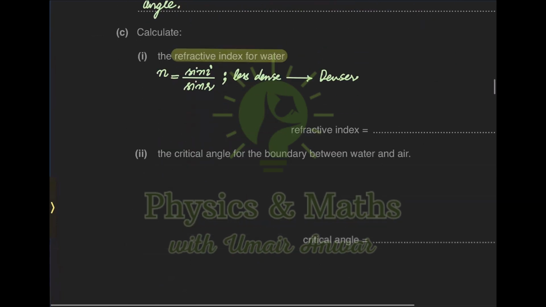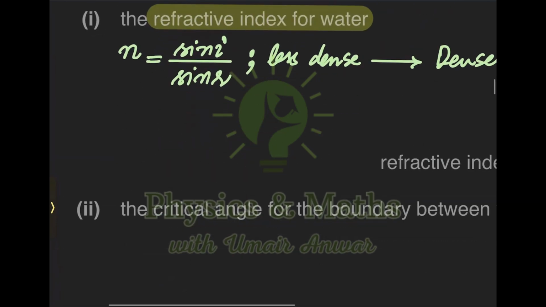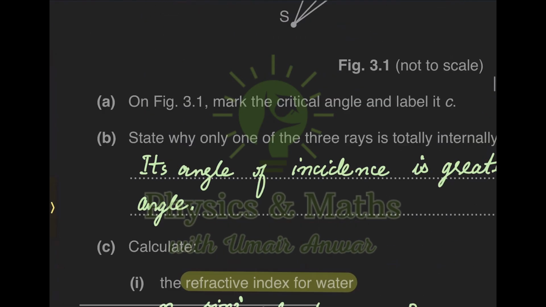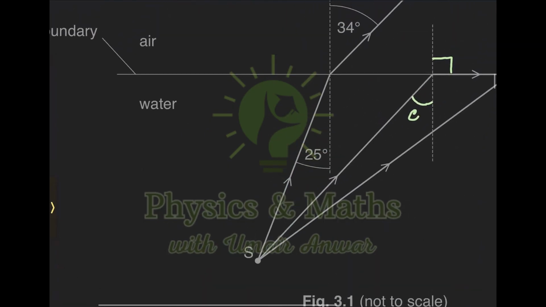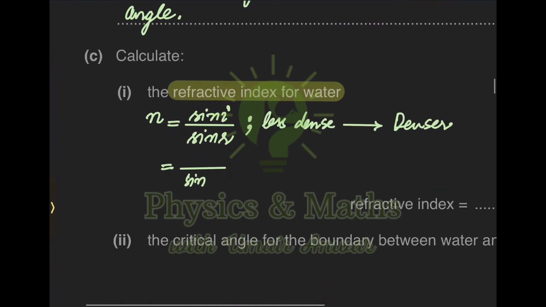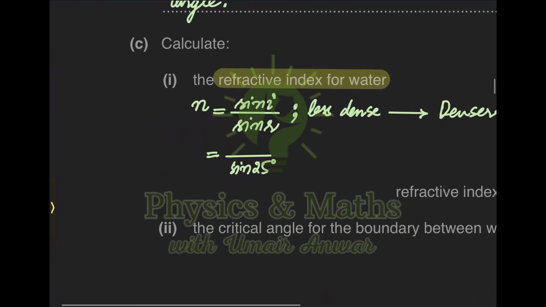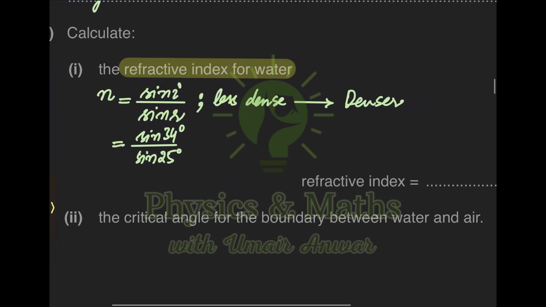So what I'm going to do, I'm going to put the angle which is being made in the water in place of r here. So since we have to find the refractive index of water, the angle being formed in the water is going to be replaced in place of the angle of refraction, or the r, and the other angle would be replaced here in place of the angle of incidence.